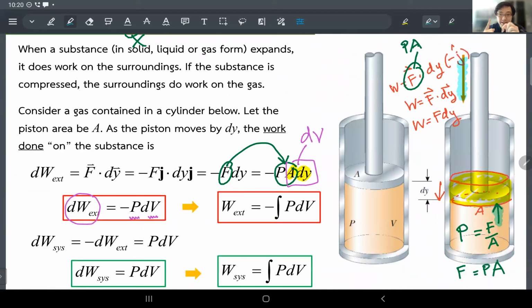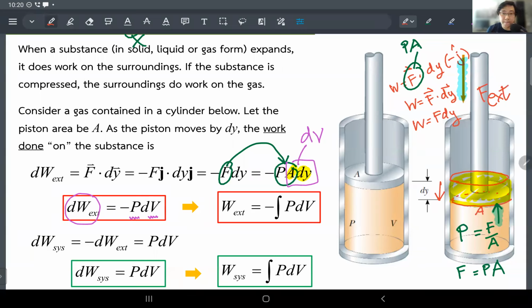It's sort of opposite. Can you see that? So there are two directions here. The force that I started out with is the force that somebody outside the gas is using to compress the gas down. So I have to express this force as an external force.